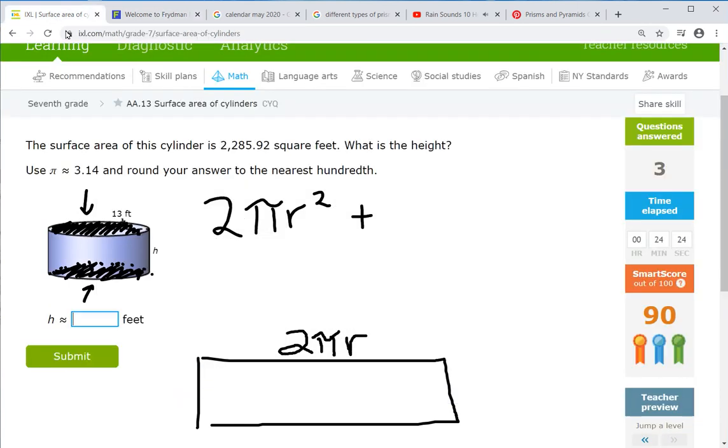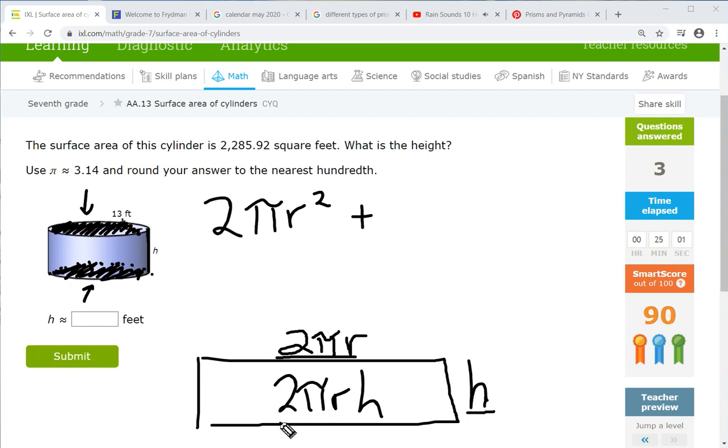So we're going to put 2 pi r over there, and we're going to say that the height is h, right? So in order to find the area of this rectangle, we've done this before, but we were using actual concrete numbers. Now we're just doing everything algebraically. The area of this rectangle would be 2 pi r times h, because we're multiplying the length by the height.